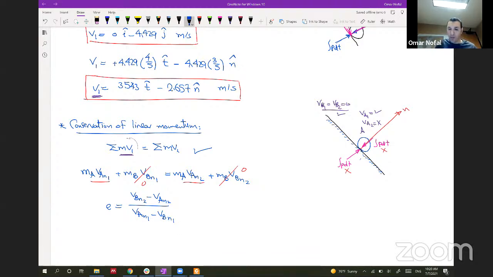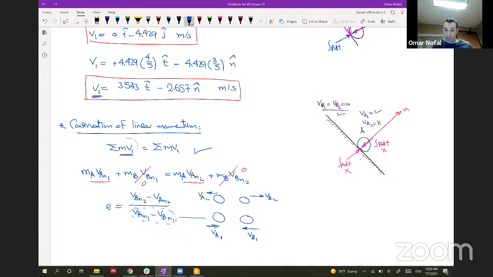If you want to memorize this equation, these two are the ones before the collision: this one coming is VA1, and here you have VB1, and after the collision you have VB2 and VA2.